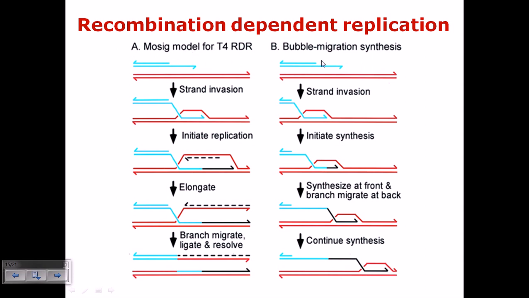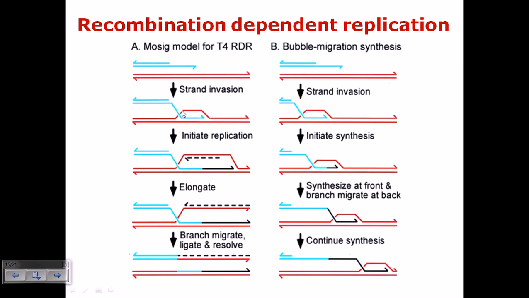Now in this case, there are two models. One is the bubble migration synthesis model. Another one is the Mosig model of T4 replication, recombination using terminal redundancy. Here we can see that this is one strand and this is another, which has a deleted part that is newly synthesized. In this case there will be strand invasion in the first place.